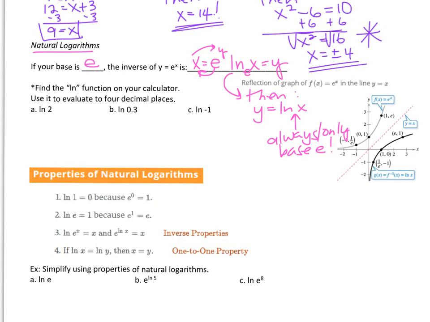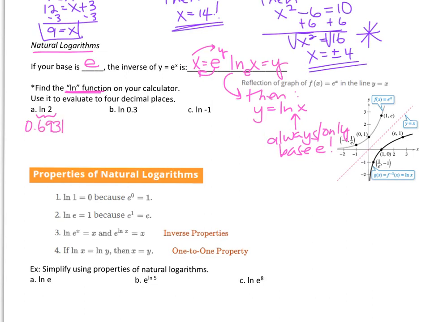It says use the ln or find the ln function on your calculator and use it to evaluate to 4 decimal places. Kind of like log when it defaulted to base 10. Anytime you have ln, we know the base is automatically e. And you can just find the ln and get that to show up on your calculator. To figure out the ln of 2, you actually get a decimal to 4 places, 0.6931.